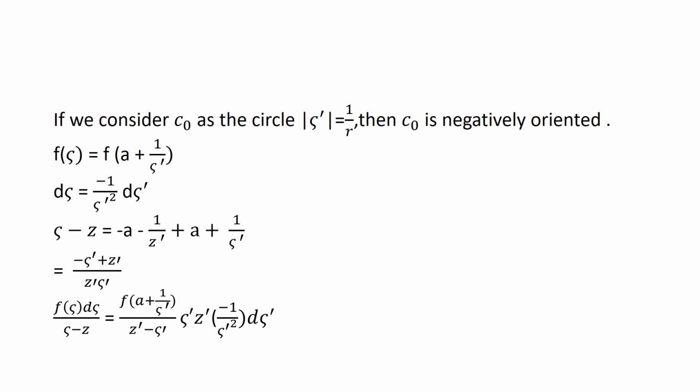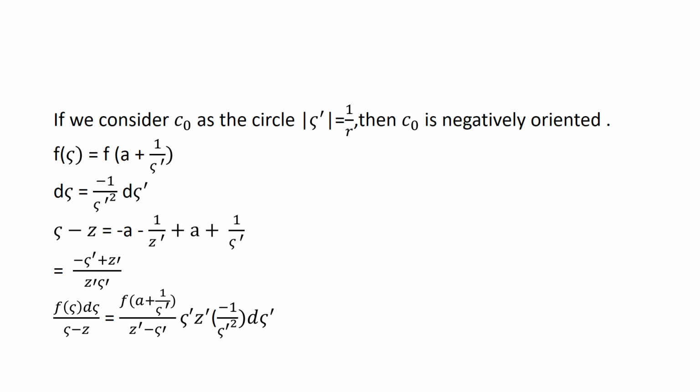From the above we write z dash zeta dash divided by z dash minus zeta dash. And instead of d zeta we write minus 1 by zeta dash square into d zeta dash.